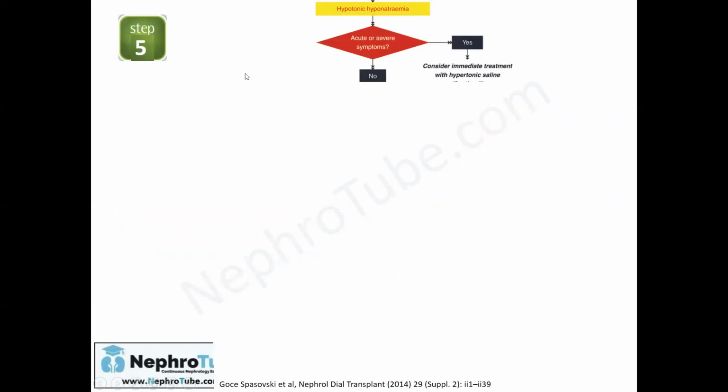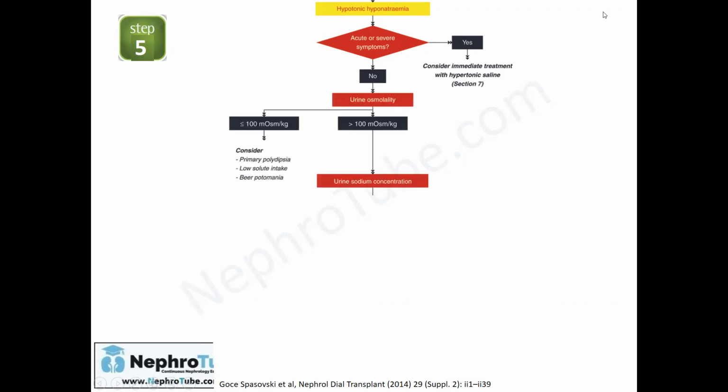Let's start. We said that we will bypass this if there are severe symptoms; I will tell you what to do about that later. Step 5: there are no acute or severe symptoms. We measure urine osmolality.